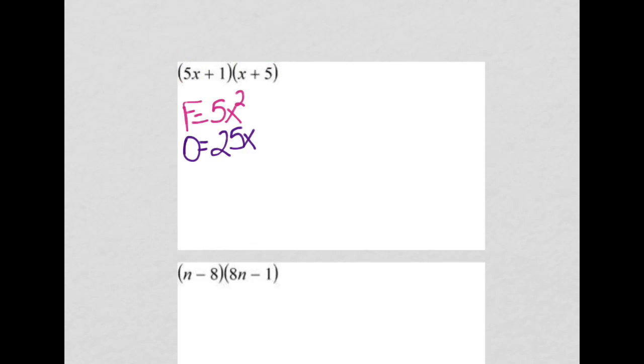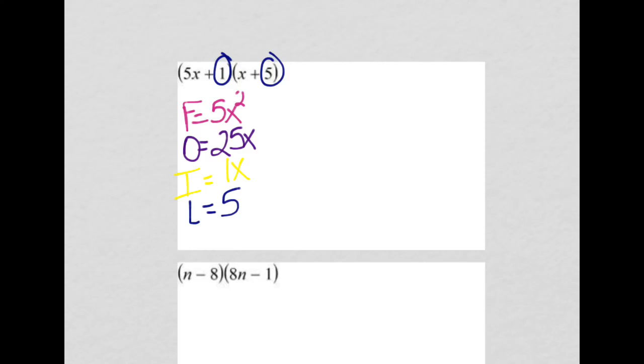Now I go inside, which means I do this 1 and this x here. 1 times x is 1x. And now I'm going to do my last terms, which is this 1 times that 5, which gives me a 5.